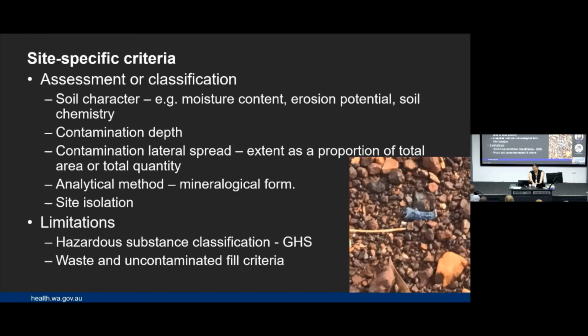So we've taken the adjustment factors out and we've basically said, if you want to adjust the criteria, with a maximum adjustment to 0.1% weight by weight asbestos, because that's the DoH's classification of asbestos as a class 1 carcinogen, you can. But probably the best thing to do, because this has not really been done to date, is engage with us when you're going to do that, and then we can assist you through that process if necessary.